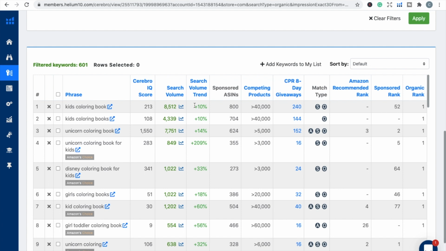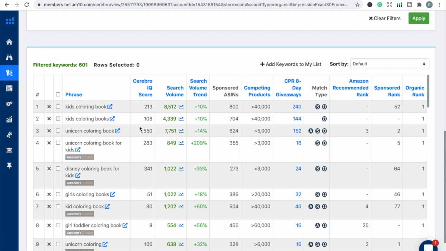So if you are at a point where you're not spending money on ads or you don't have the budget to spend on ads, you can see what your competition is ranking for organically. You can have a look and see what the search volume is like, what the competing products are like. Is it a keyword that you want to try and rank for as well? Also, there's this column here, the Cerebro IQ score. Cerebro gives every keyword a score according to the search volume and the competing products.